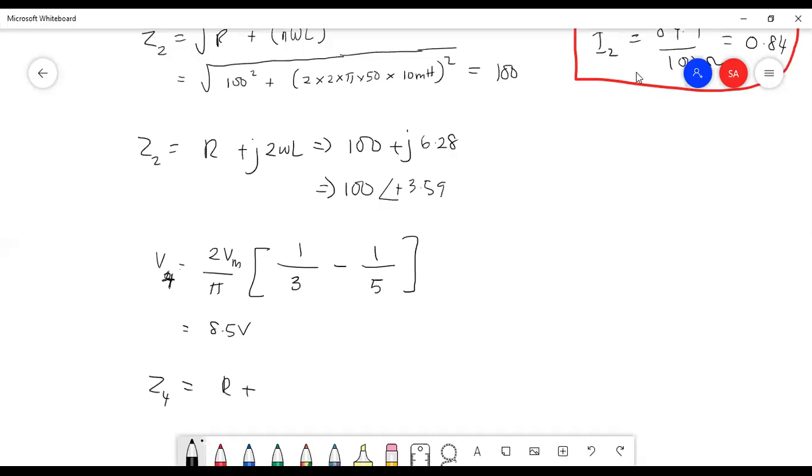So Z4 is R plus j 4 omega L. So 100 plus j, 4 multiplied with 2, multiplied with pi, multiply with 50 hertz, multiply with 10 millihenry. So you get 12.6 ohm. Then you need to convert into polar form.